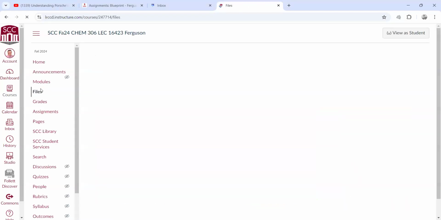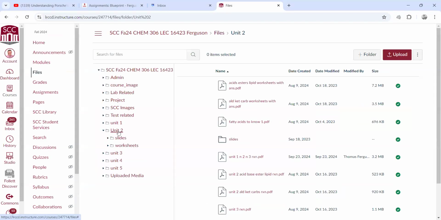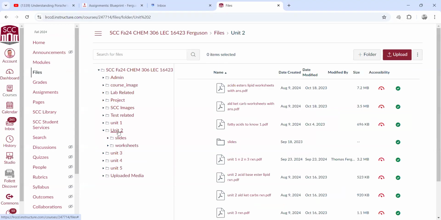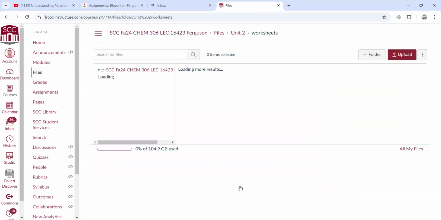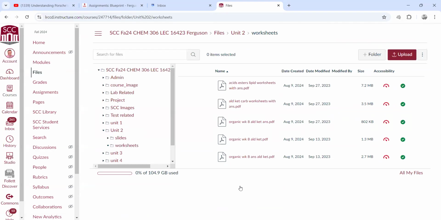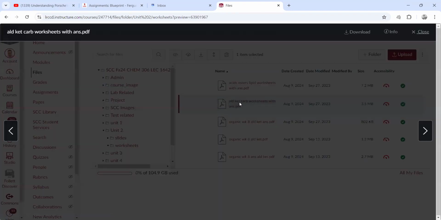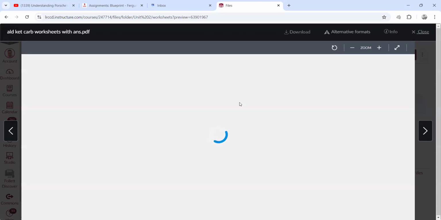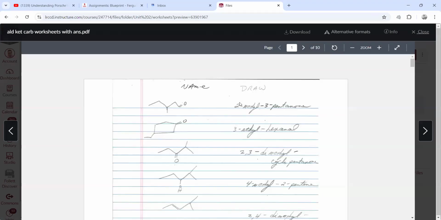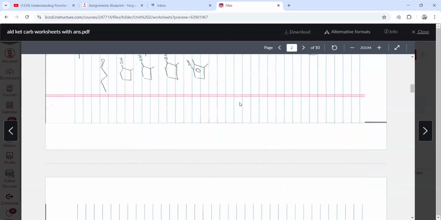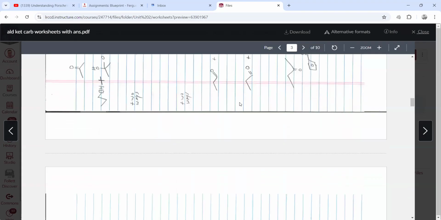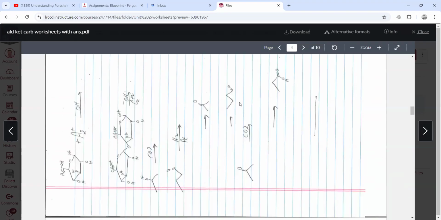So we look at files, Canvas, Unit 2. There's some additional worksheets that I've provided.